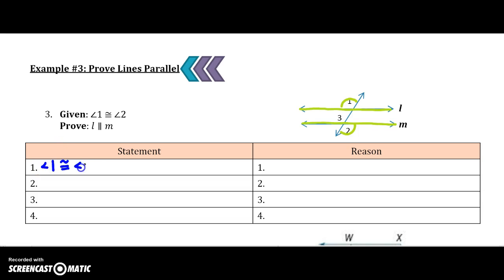Angle 1 is congruent to angle 2, and that is given. Well, if I remember back, angle 1 and angle 2 are actually alternate exterior angles. And if alternate exterior angles are congruent, then our lines are parallel because of the alternate exterior angles converse.